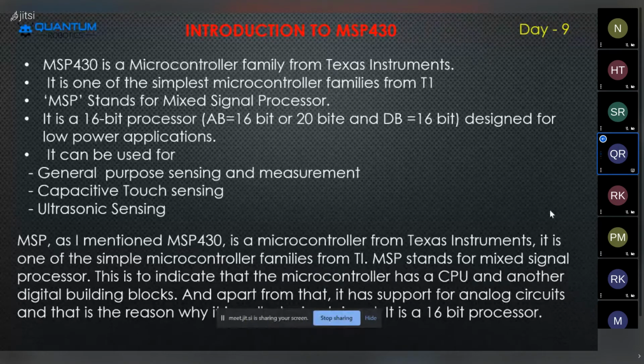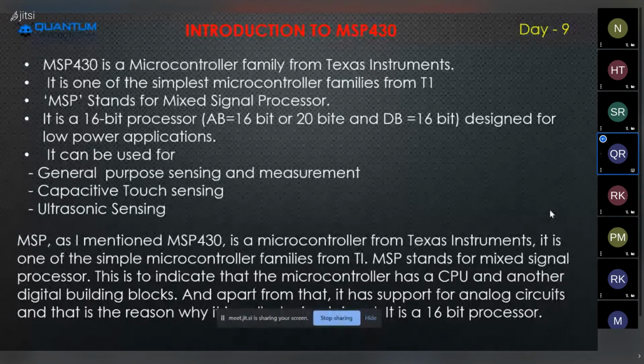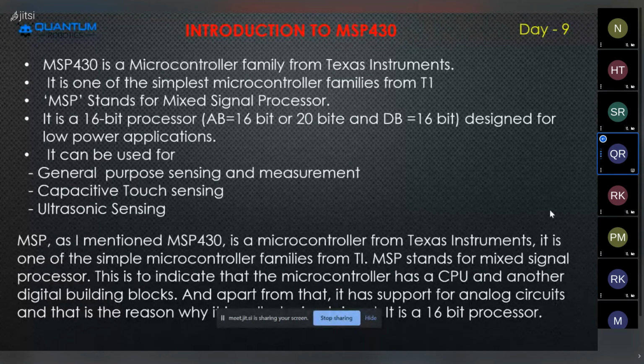These are the AB and DB ports, input and output ports. The AB will be 16-bit or 20-bit, but the DB ports will be only 16-bit. It is specified and fixed, and designed for low power applications. I have already repeated that previously: it will be used for low power applications.